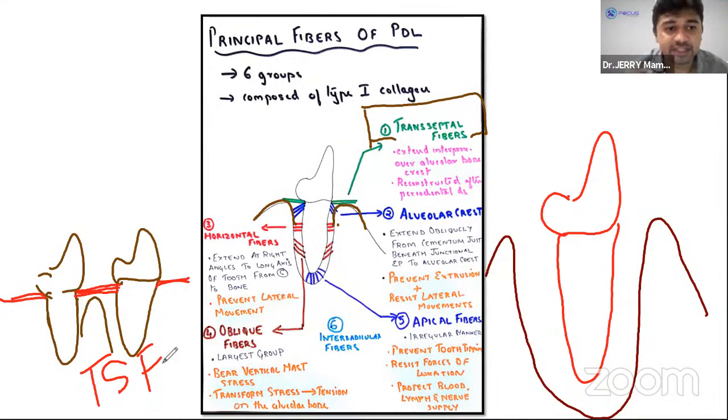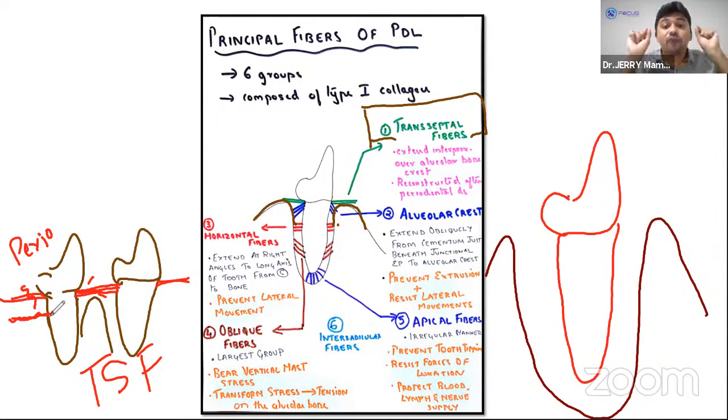Now, what are the features of transeptal fibers? When you develop periodontitis, what happens? These are the first fibers to get destroyed. And these are the first fibers to be reformed also when there is bone loss. For example, if I'm going to do a flap surgery in a patient with a deep pocket with severe bone loss, as I open up the flap, there'll be severe resistance when I reach the crest of the alveolar bone, and there'll be thick fibrous structures there.